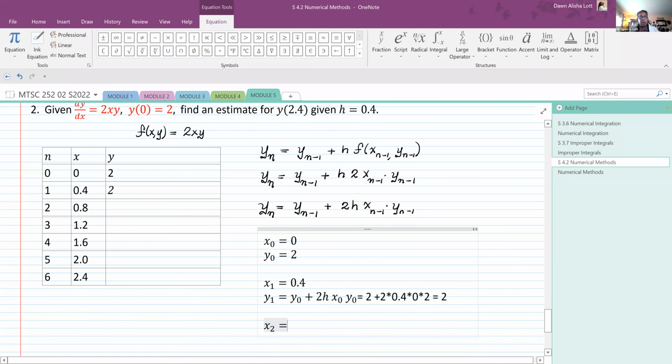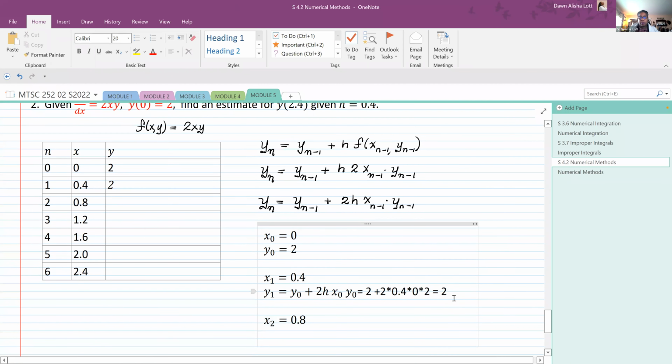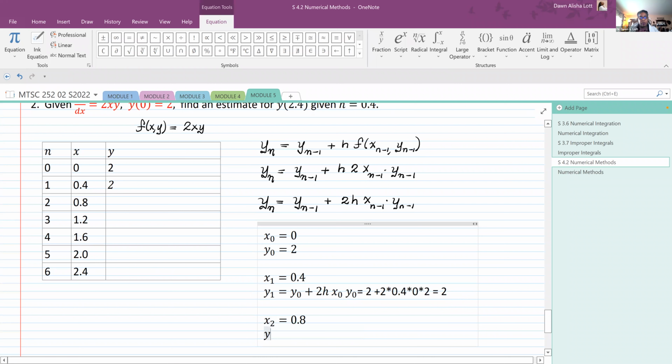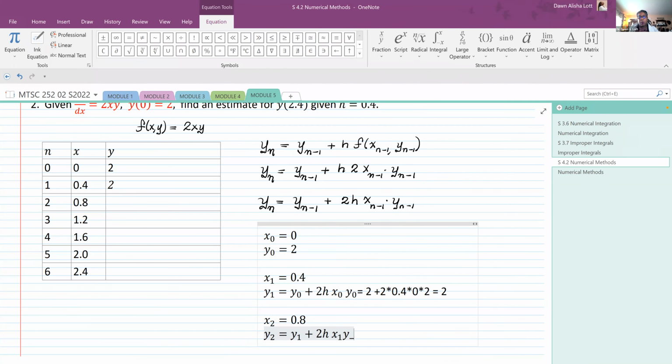Okay, x2 is 0.8. y2 is y1 plus 2 times h times x1 times y1.